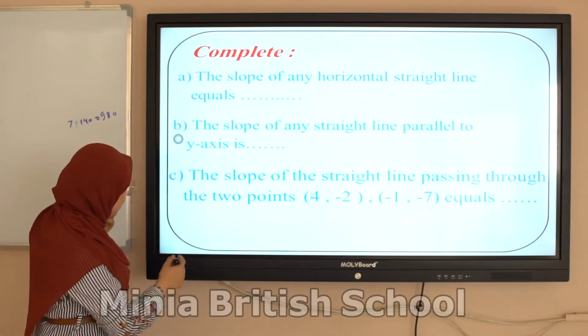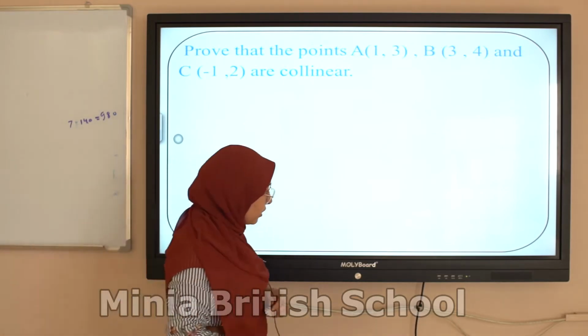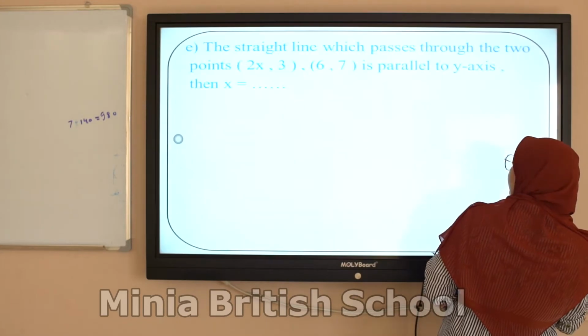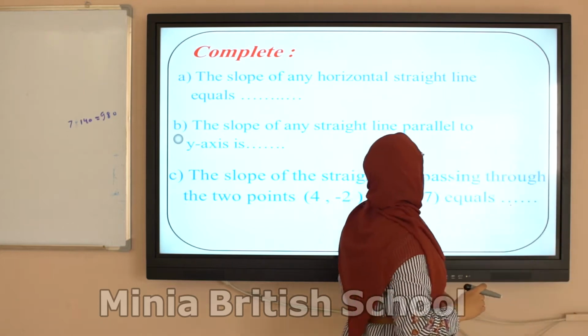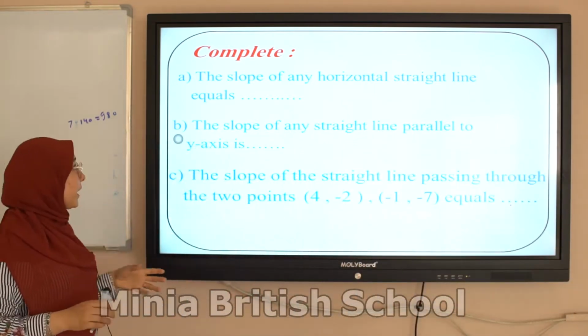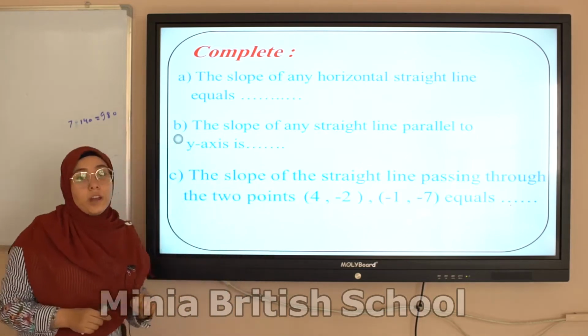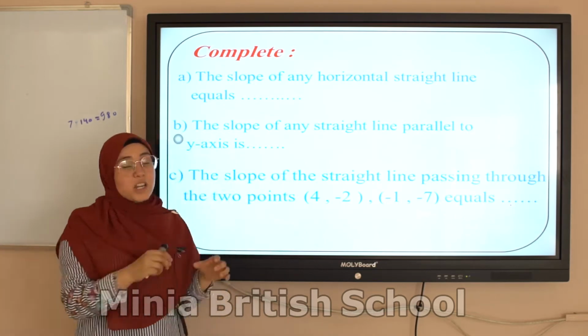The first one: complete the slope of any horizontal straight line equals.